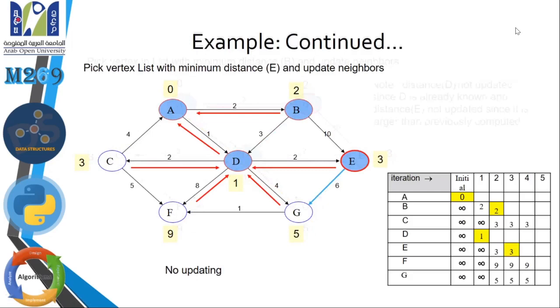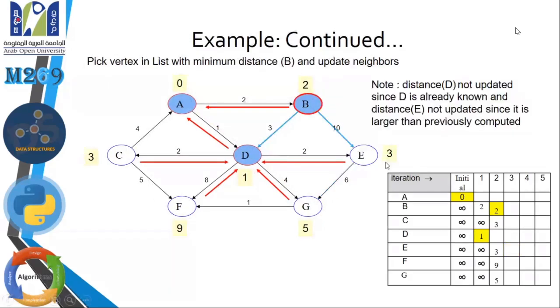Okay, again. Now, that is the smaller one, so I will select that one. So from E to G, 3 plus 6. From where the 3? From A, 1 plus 2. Then plus 6, so that is 9. Is 9 less than 5? No. No update. The explanation here is very simple.